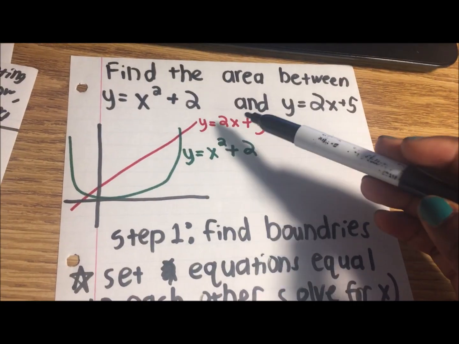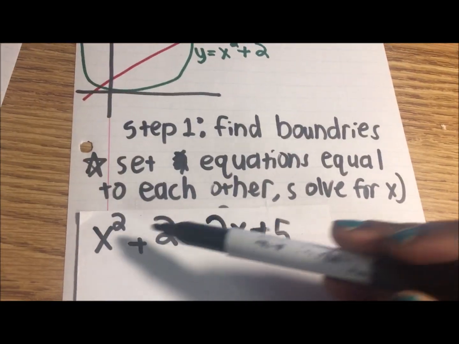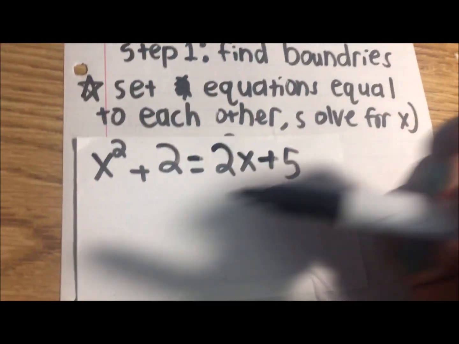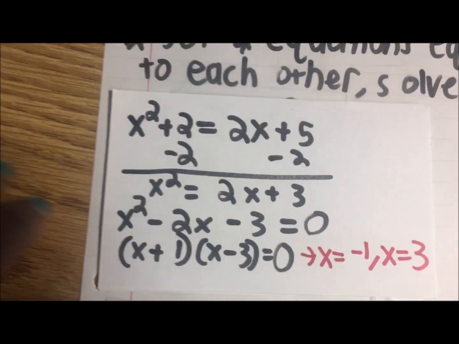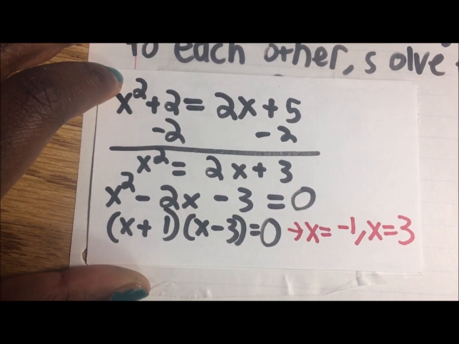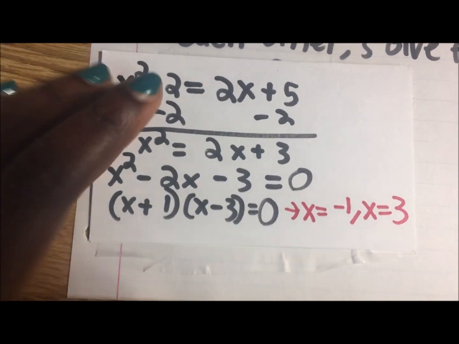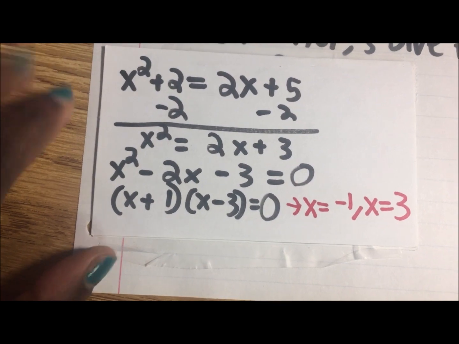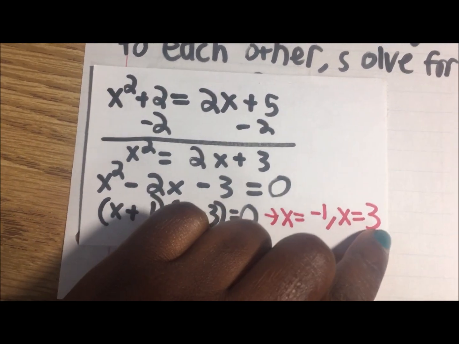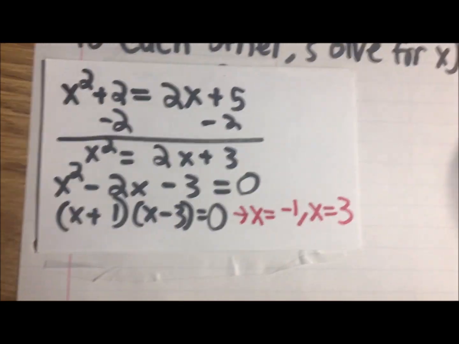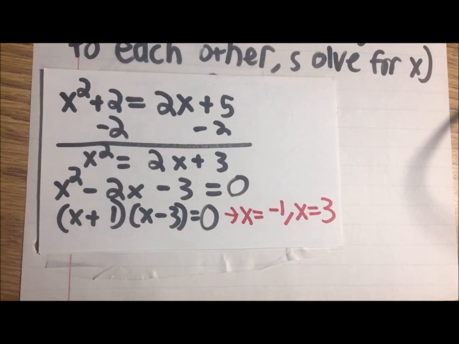I put these two equations equal to each other, and here I basically solved for x. I'm pretty sure most of you know that this is just basic algebra. So these are the boundaries: x equals -1 and x equals 3. These are going to be the boundaries for the integral that we set up.